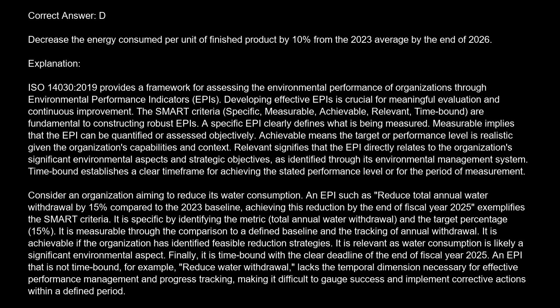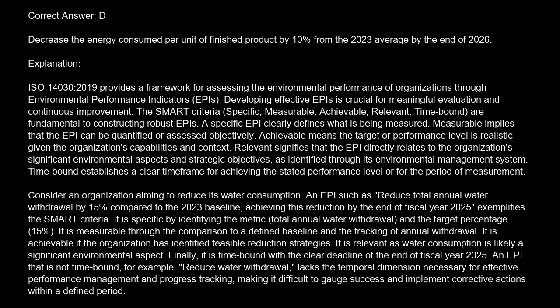Consider an organization aiming to reduce its water consumption. An EPI such as reduce total annual water withdrawal by 15% compared to the 2023 baseline, achieving this reduction by the end of fiscal year 2025, exemplifies the SMART criteria. It is specific by identifying the metric total annual water withdrawal and the target percentage, 15%.